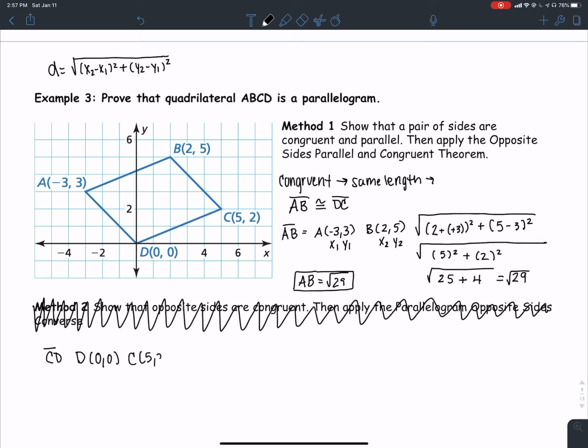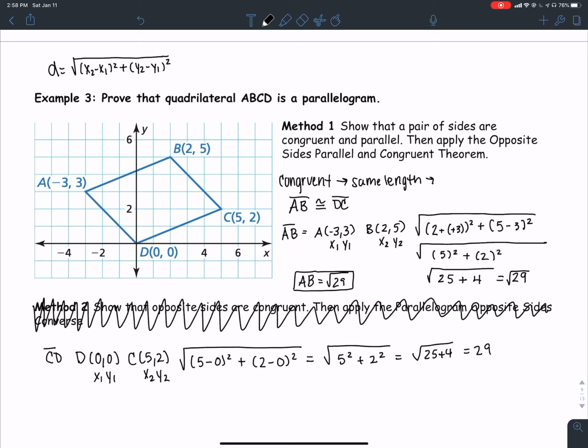C is 5, 2. So square root x1, y1, x2, y2. So x2, 5 minus 0 squared plus 2 minus 0 squared equals 5 squared plus 2 squared equals 25 plus 4 equals 29. So CD equals the square root of 29.